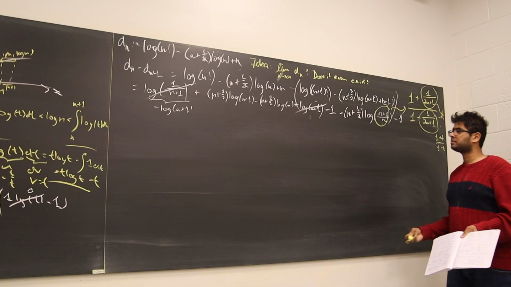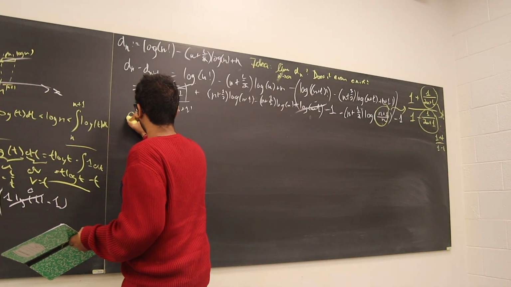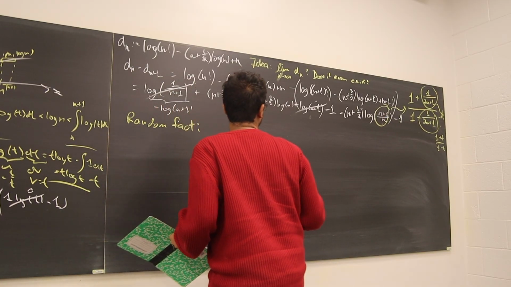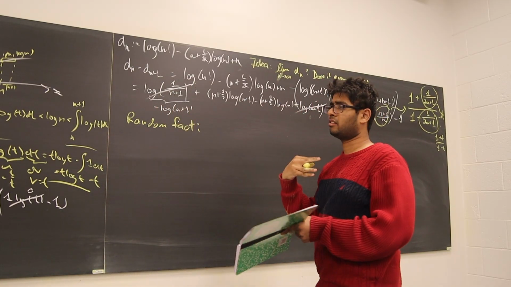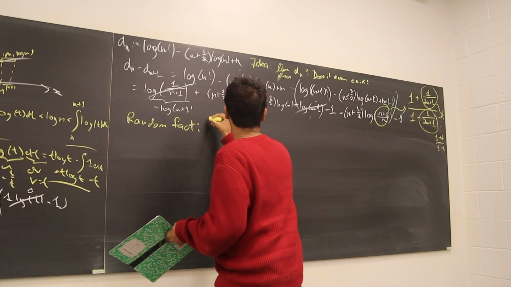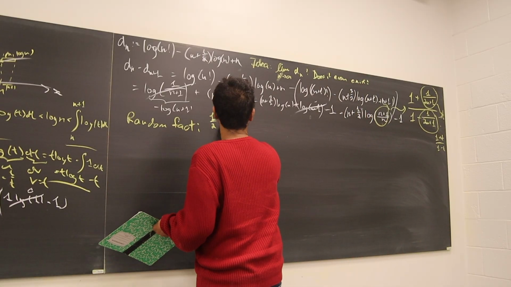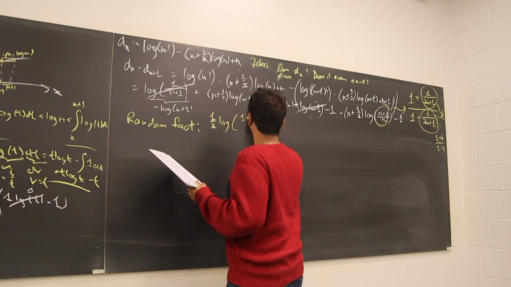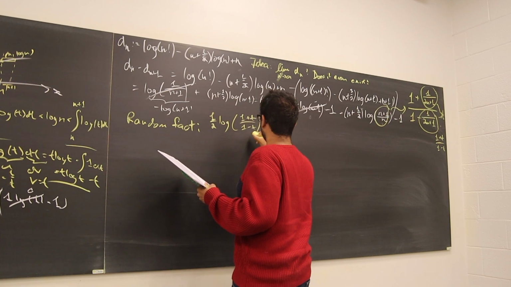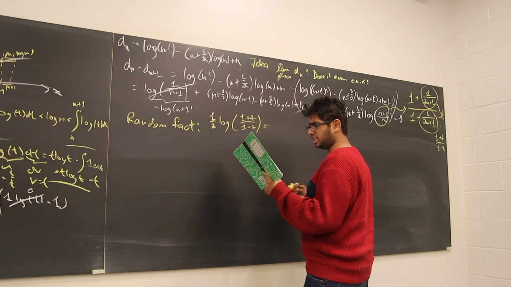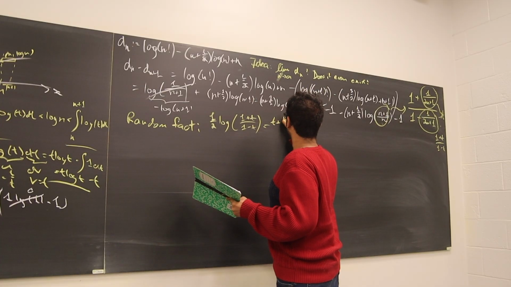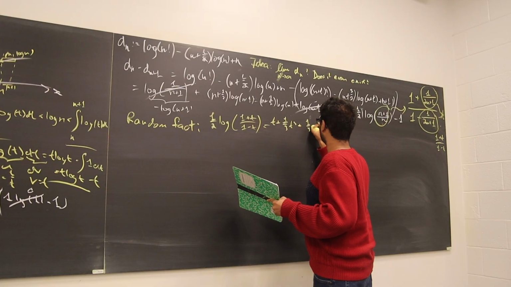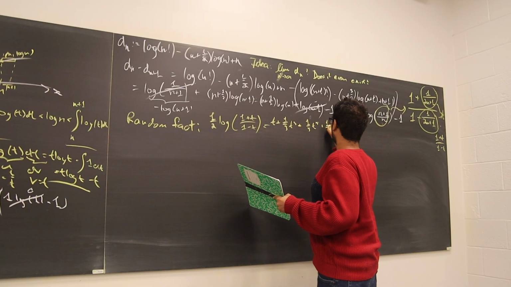And it turns out, random fact, I guess those fresh out of a calculus class and those not fresh out of a calculus class will not recognize that 1/2 log of (1 plus t by 1 minus t) is t plus 1/3 t cubed plus 1/5 t to the 5th, and so on.